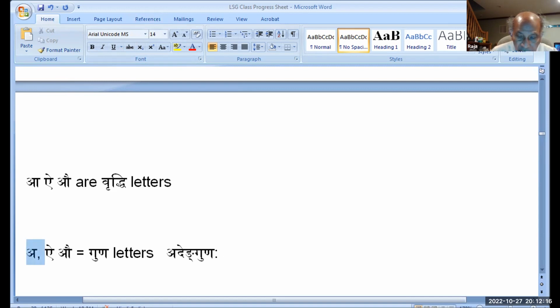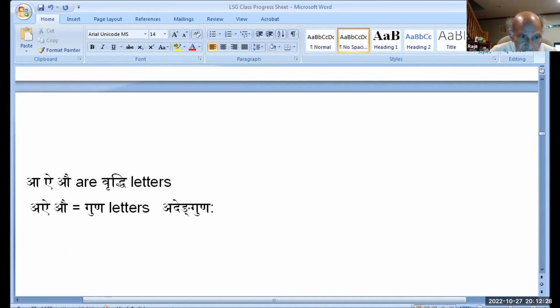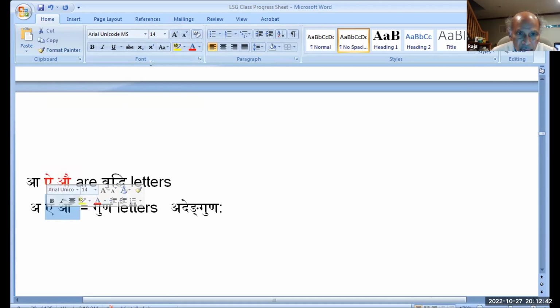For some reason, we have not used them so far. We used other things. These 4 letters, the Vruddhi letters and Guna letters, we have not so far used. Those are diphthongs, and now we are going to use them.